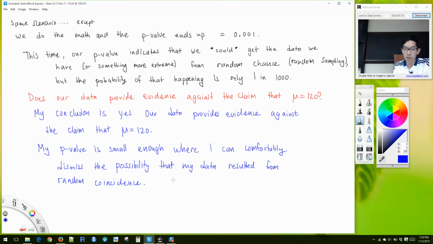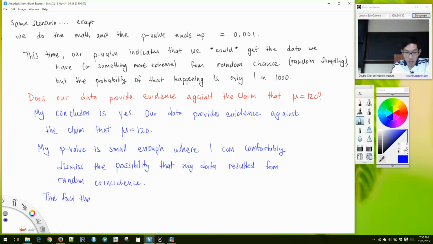So we dismiss the possibility that my data resulted from random coincidence. The fact that I do have this data then indicates to me that my initial assumption that mu is 120 is probably wrong, or is wrong. So I'll write this down.